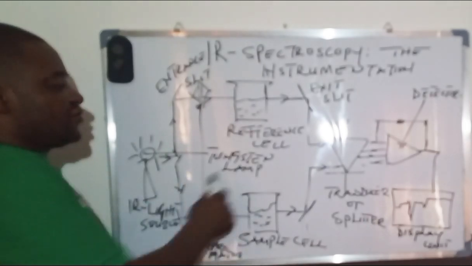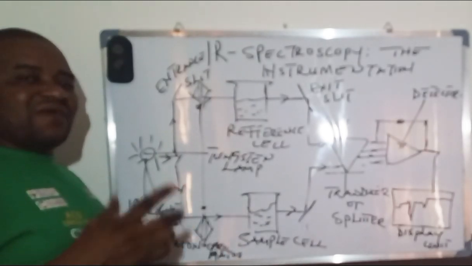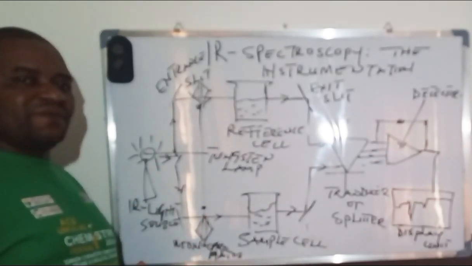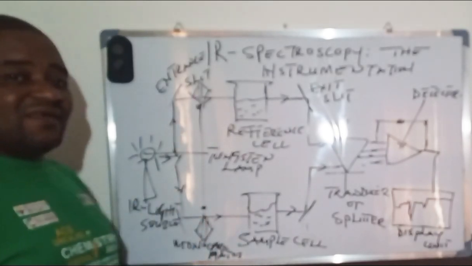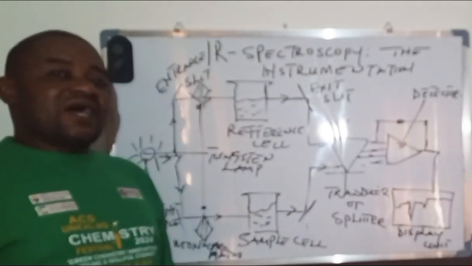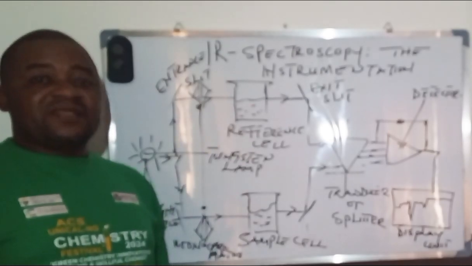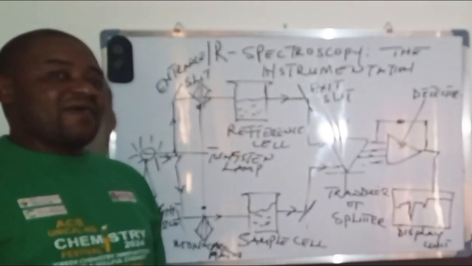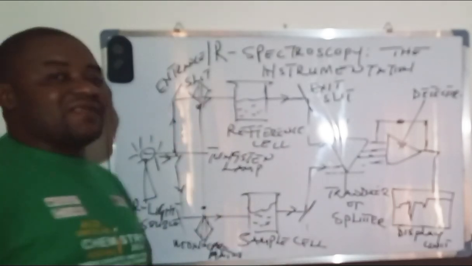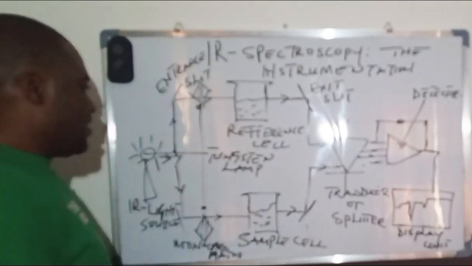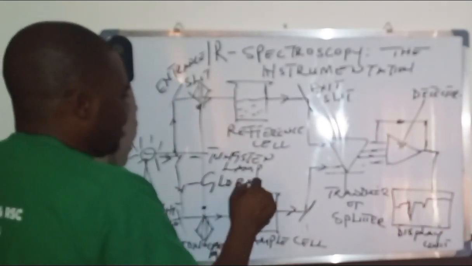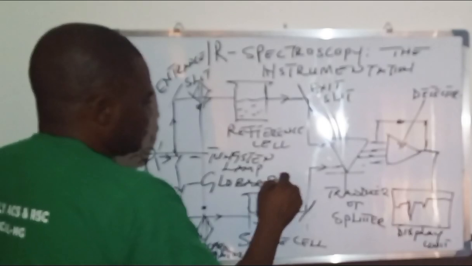Now, but the tungsten radiations are always around the region of the near infrared spectroscopy. Alright, so but we have said in our principle that the radiations that are always or commonly used to carry out the IR spectroscopy experiment are always radiations at the mid IR. So if they are the mid IR, you may not have to use the tungsten lamps to do your experiment. You may decide to be making use of what we call a globar light source.